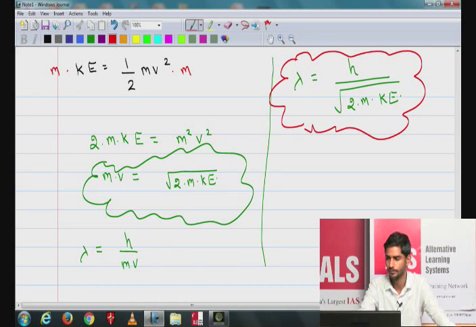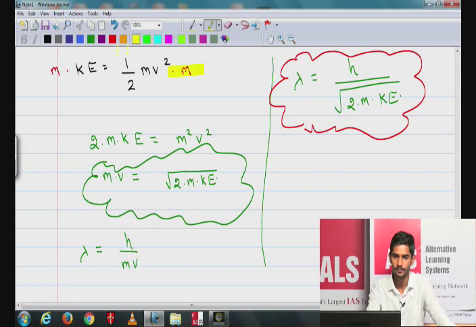Guys, done? I have just told you that kinetic energy is equal to half mv square. I told you to multiply mass on both sides. See, I have multiplied mass here and here.